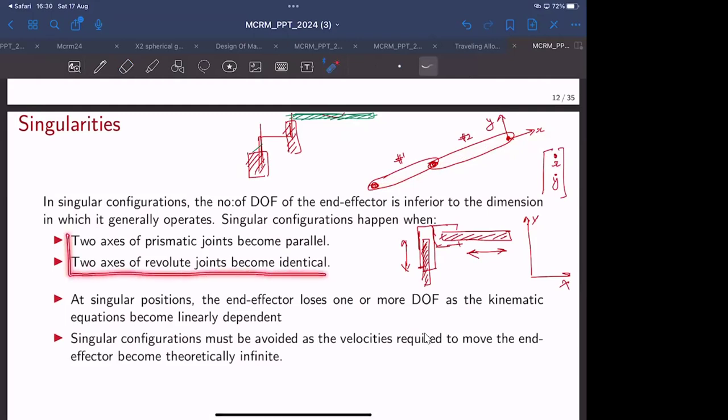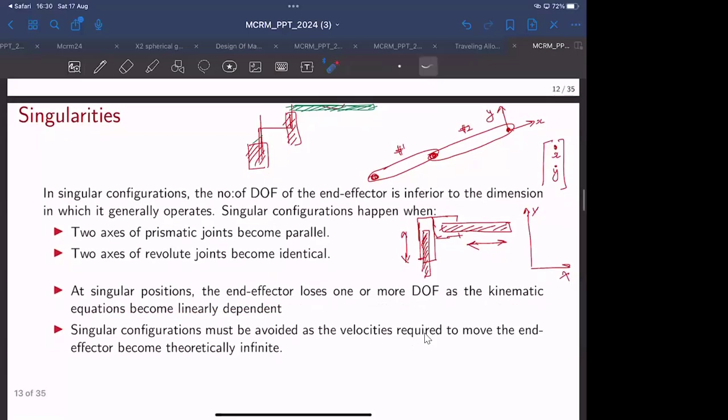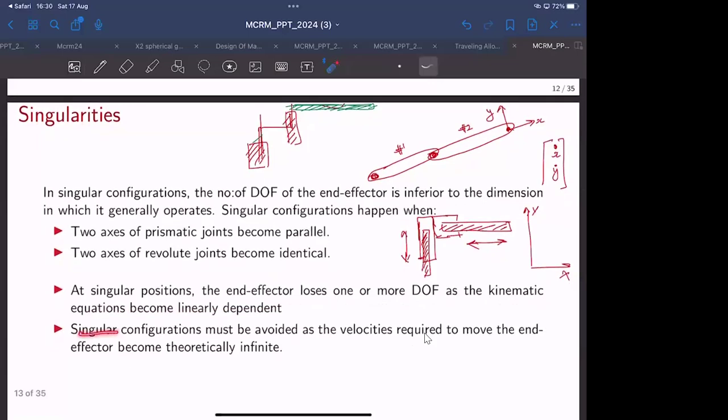When either of these 2 conditions is satisfied, right? And at a singular configuration, the end effector loses 1 or more degrees of freedom as the kinematic equations become linearly dependent. And singular configurations must be avoided as the velocities required to move the end effector become theoretically infinite, right?